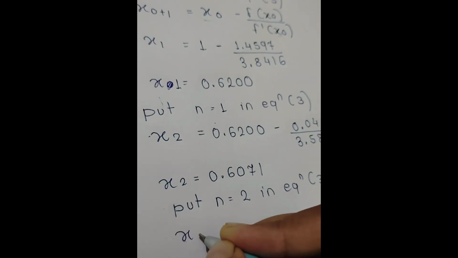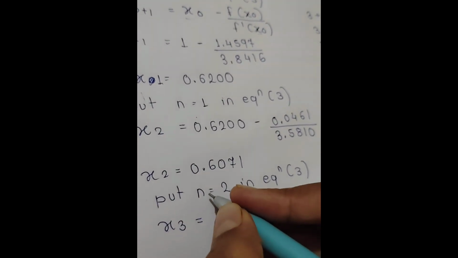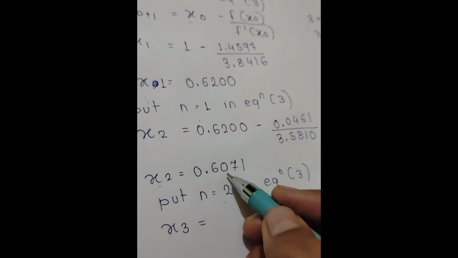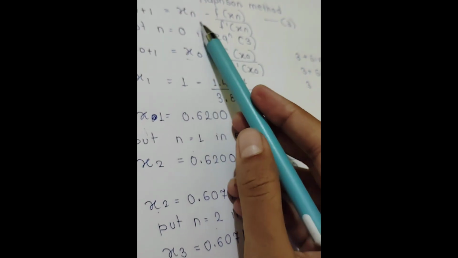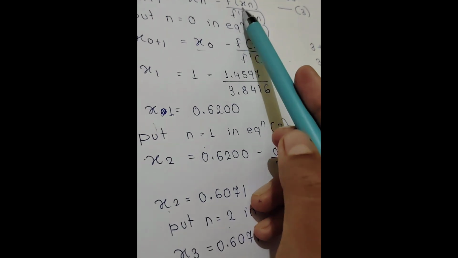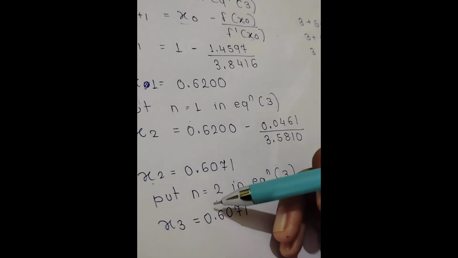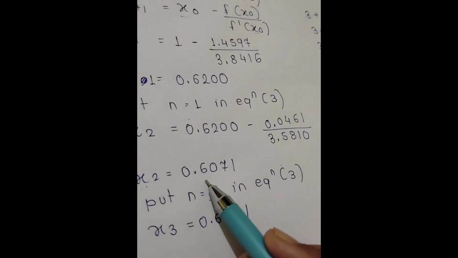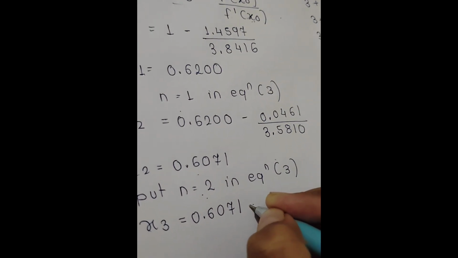Then x3 equals, we put the value of x_n, which means x2, and the value of x2 is 0.6071, and also we have to find f(x_n) and f'(x_n). Earlier I told you that to find f(x2), we put the value of x2 in equation 1. Then we get the answer.